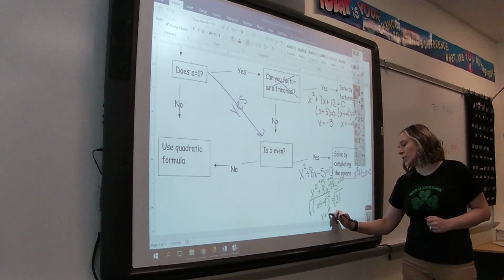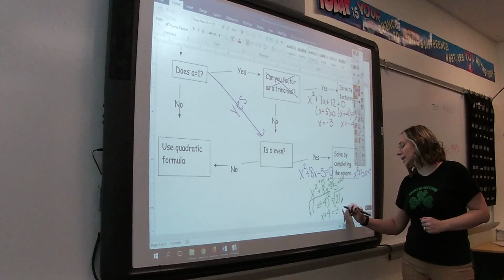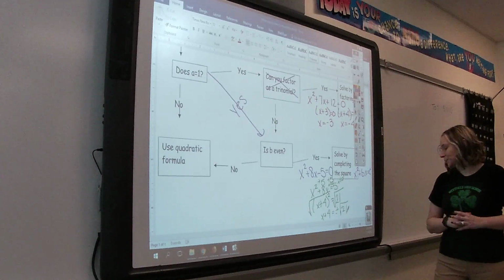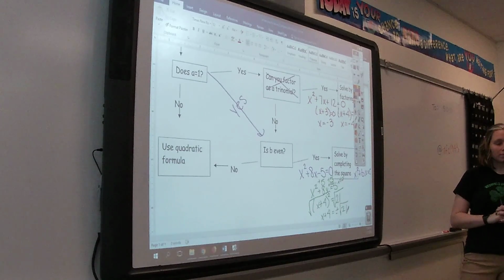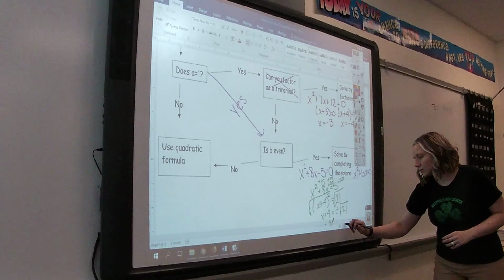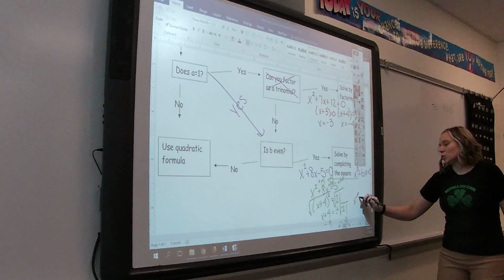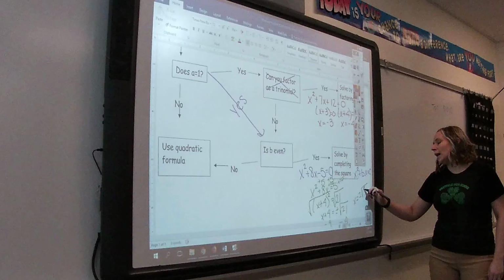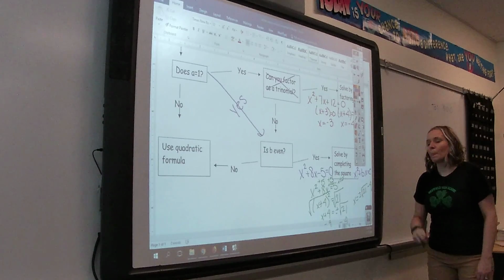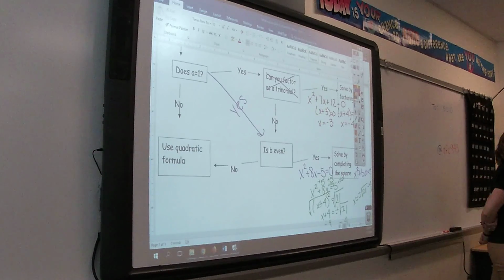So x plus 4 equals plus or minus the square root of 21, so x equals plus or minus the square root of 21 minus 4.